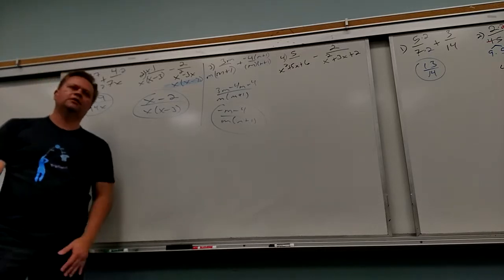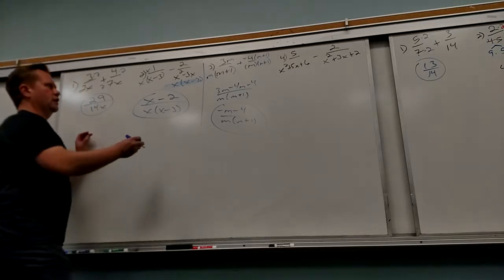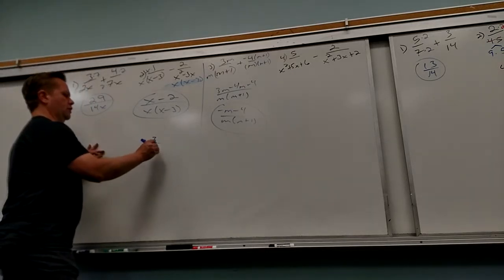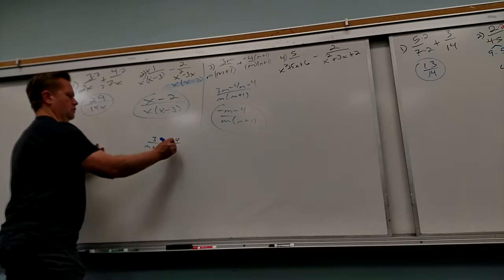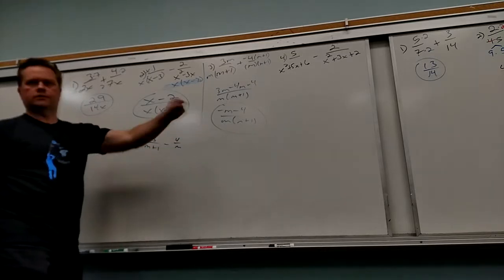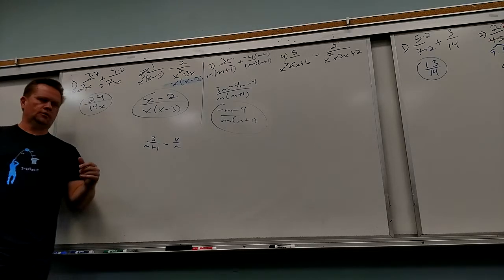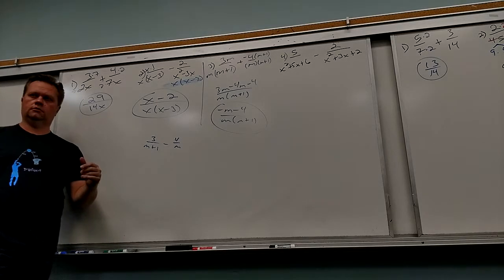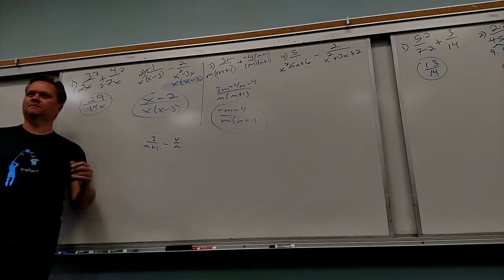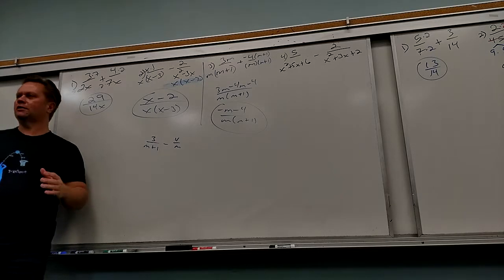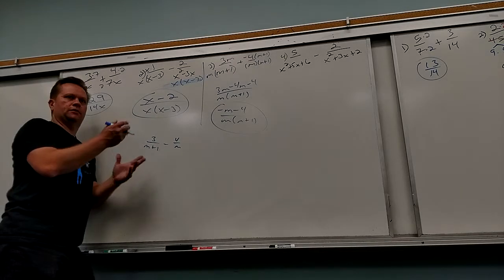Real quick, side note. We haven't done this in a while. This is what the problem started off like, right? And then I got that answer, right? How can I check that? I can let m be something.